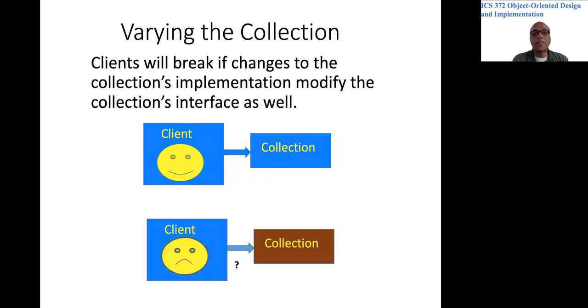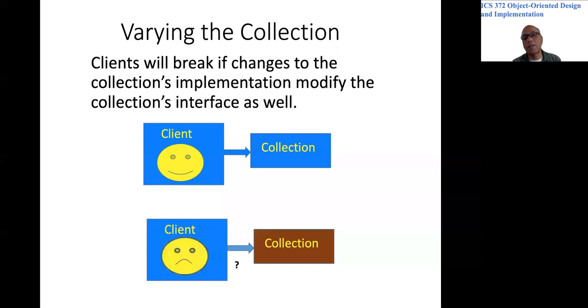So what is the problem that we are talking about? Suppose we have the implementation of a collection. Let's say person A has implemented a collection, and there is a client C that is using this collection. The code is not available to us. Somebody has implemented it.